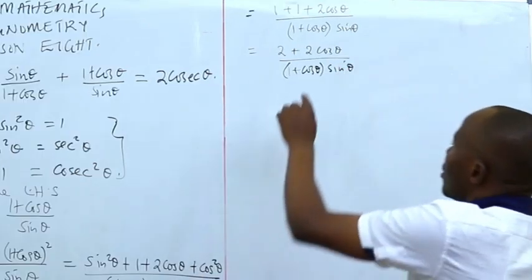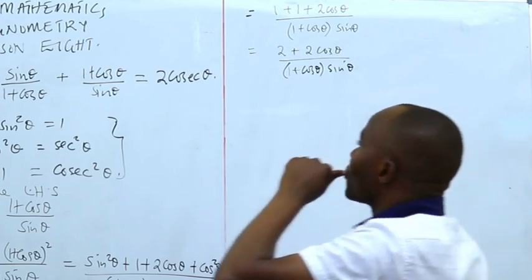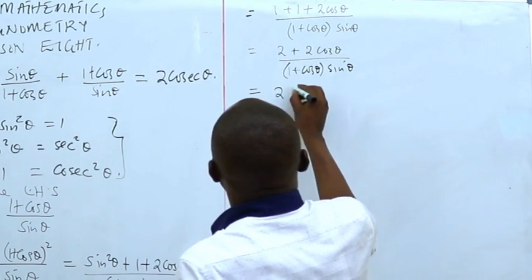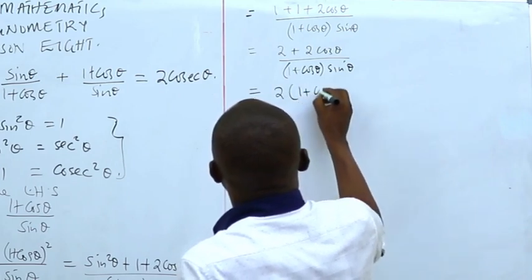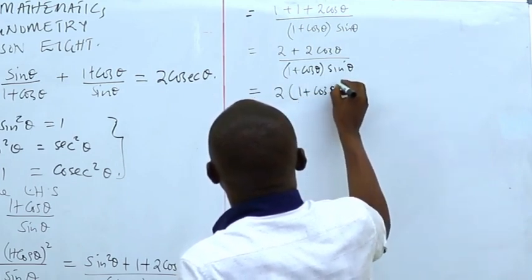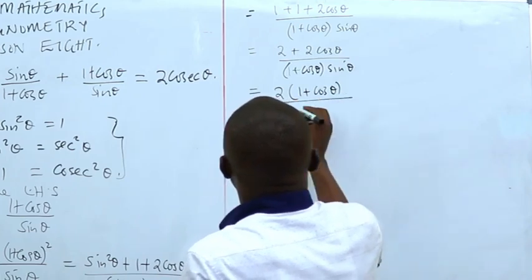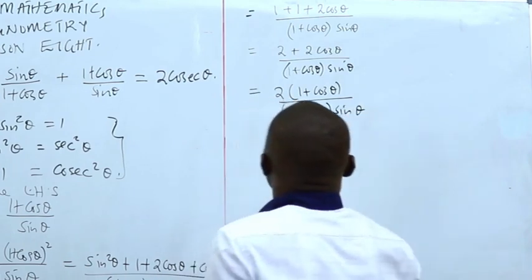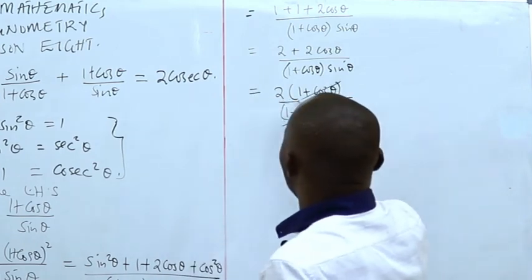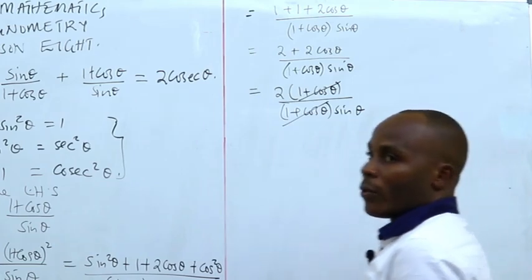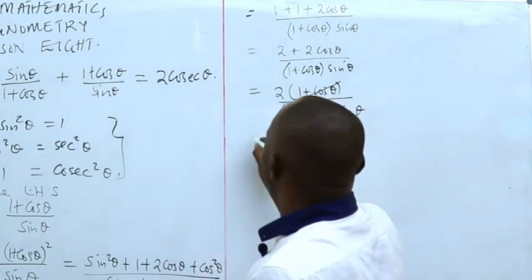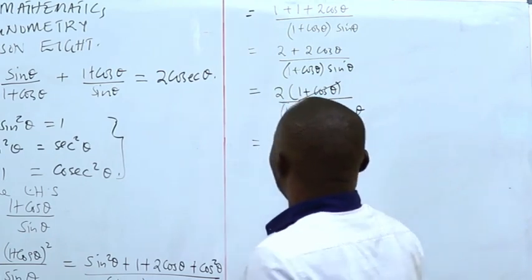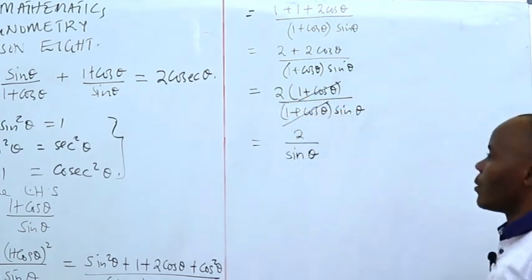Now, from up there, we have some common factor. The common factor is 2. So we remain with 1 plus cos theta all over 1 plus cos theta, then sine theta. I can see that one and that one cancelling out. So if those two cancel out, we end up with 2 over sine theta.